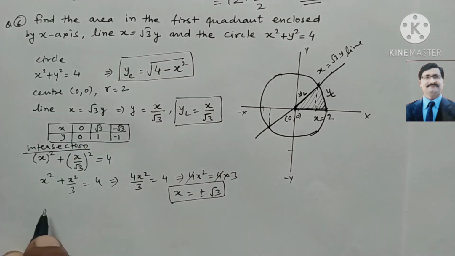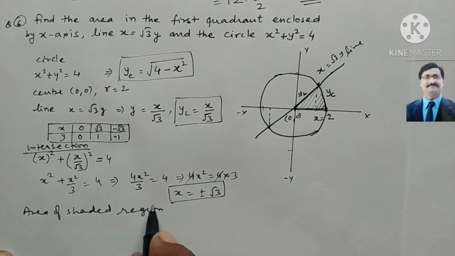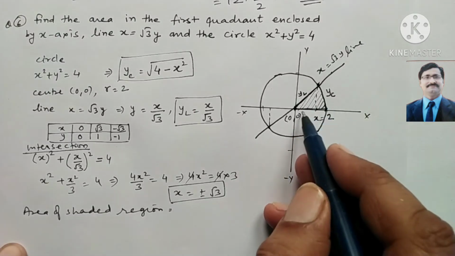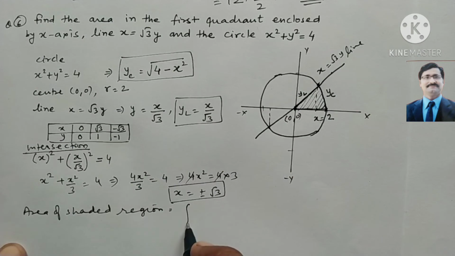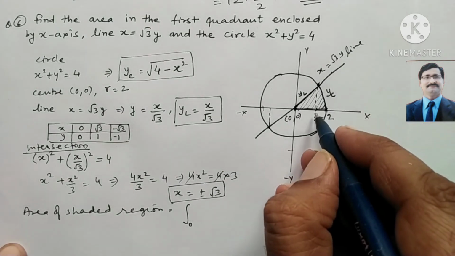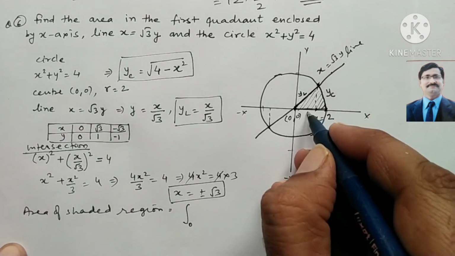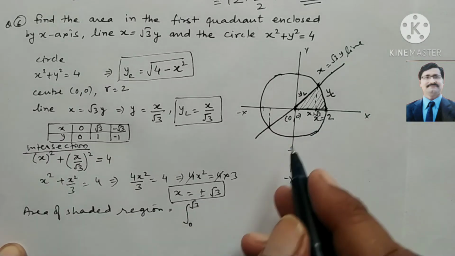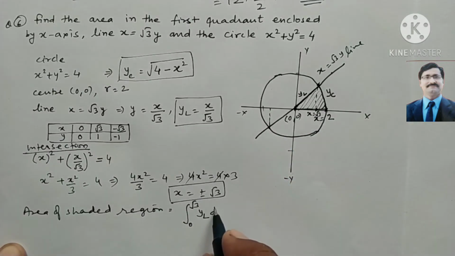Now look here, we have to find the area of the shaded region. We can write that first we find this triangle area. So this will be equal to the integral from x = 0 to x = √3. This point is x = √3. So from 0 to √3 of y line dx.